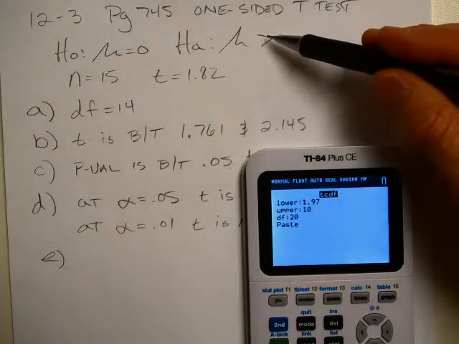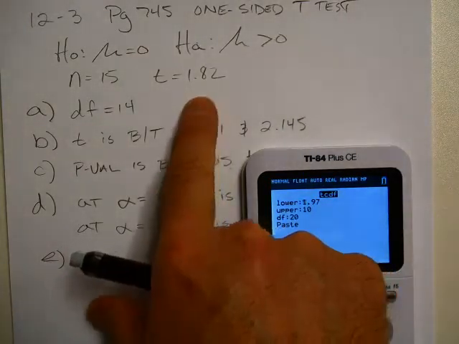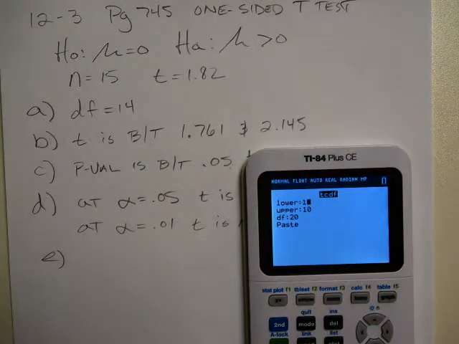So mu is greater than, so my lower number is going to be 1.82. My upper number is going to be some large number of standard deviations. Okay, 10 is more than enough. Degrees of freedom in this case is 14. Paste. Let's see what we get.